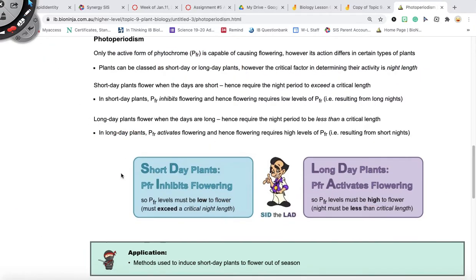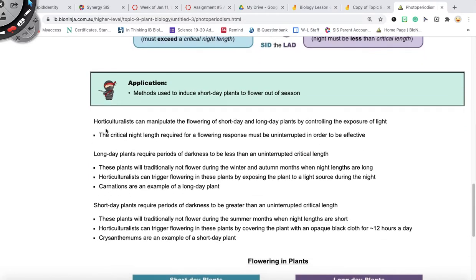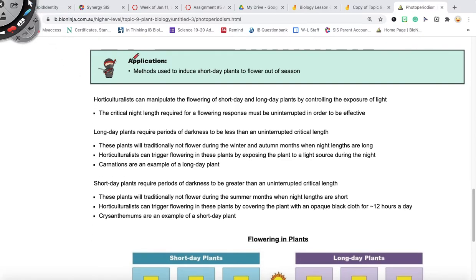So how do horticulturalists, these are scientists that work with plants, how do they induce short day plants to flower out of season, or the other way around, long day plants to flower out of season? So there's some methods that they use.